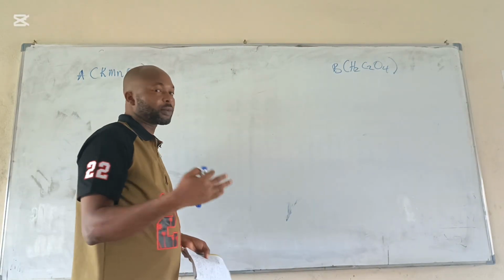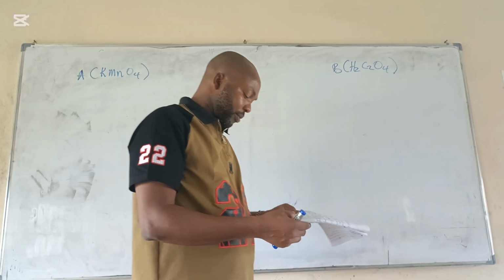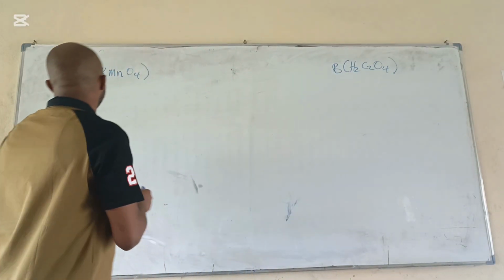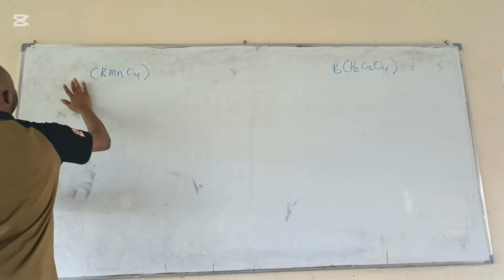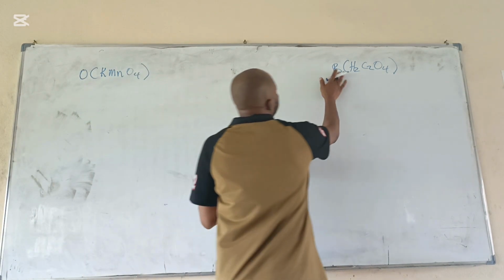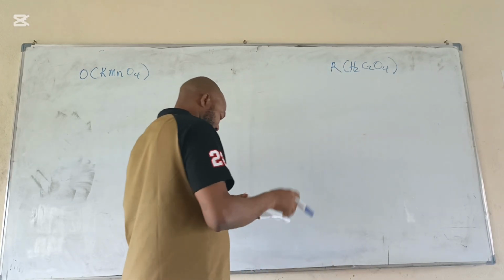When we use A, sometimes we may be confused calling it A for acid, okay? But then, if we remember what it is, I think we're going to be fine. Let me call this O, oxidizing agent, and R, reducing agent.